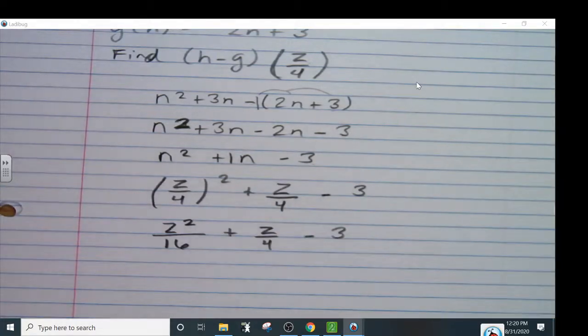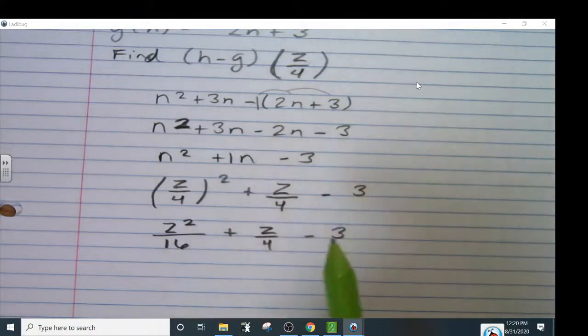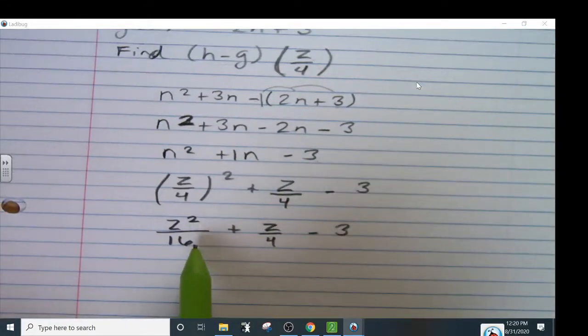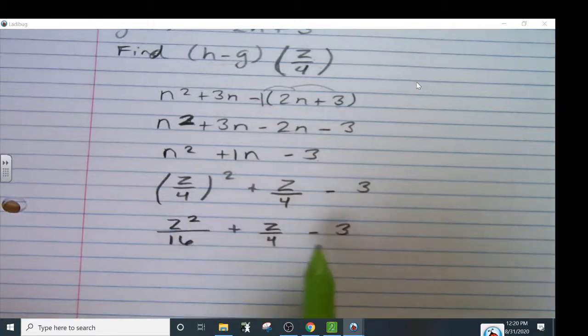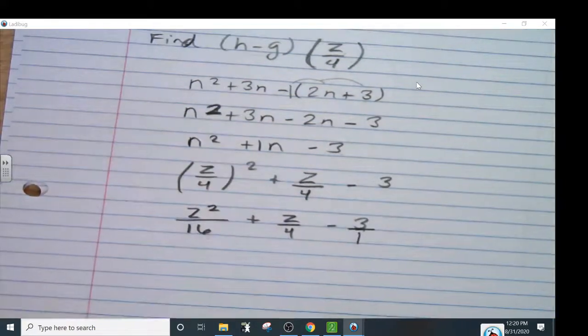Now, guys, the way your answer would be, you got to have a common denominator. Okay, you got to have a fraction with a common denominator with all of them. All right, now, guys, does everybody understand that in order to add and subtract these, the denominator has to be the same? Well, if you think about it, in order to get a common denominator, if this is 16, if I can make this 16 and that 16, then I'll have a common denominator of 16.